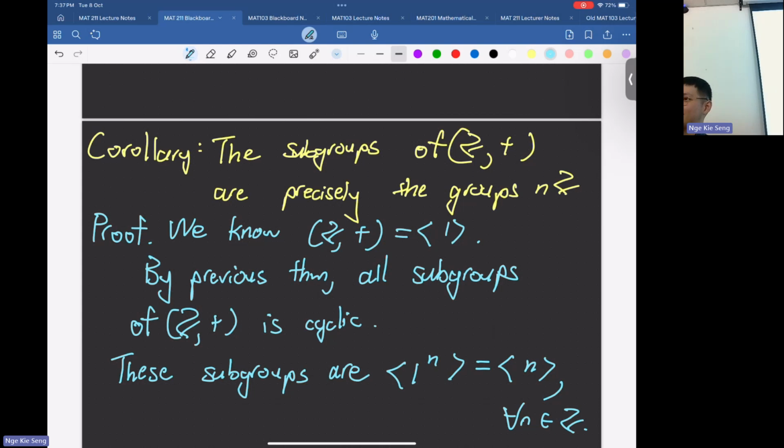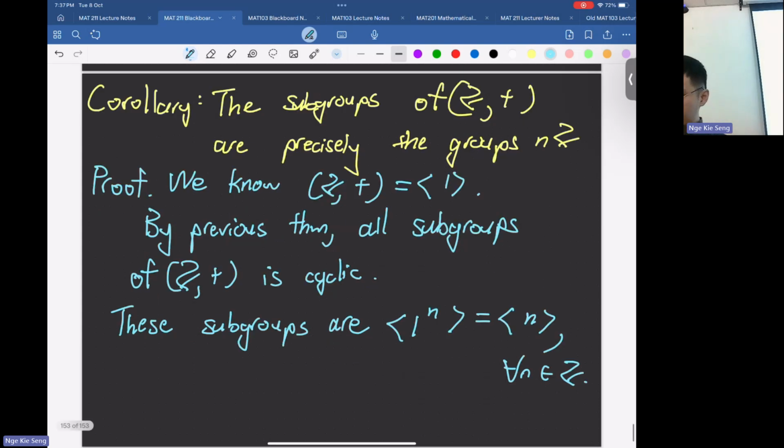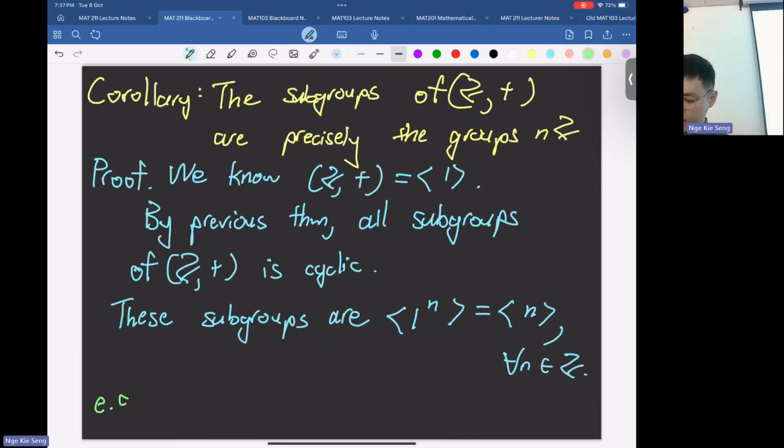No, it's a different thing. So just now, remember, we had 2Z as the even integers. Correct or not? How do you get even integers? You just multiply 2 to all the integers.